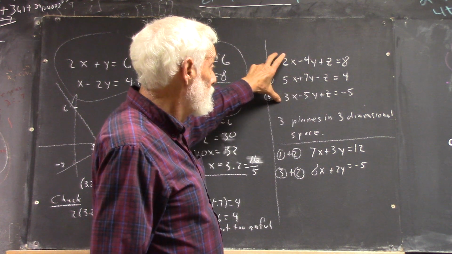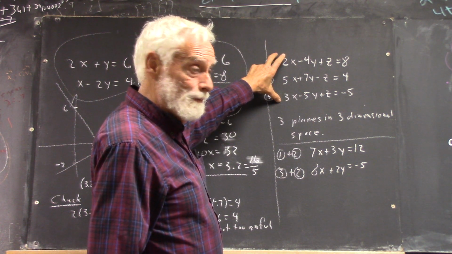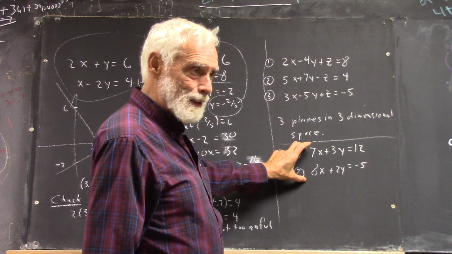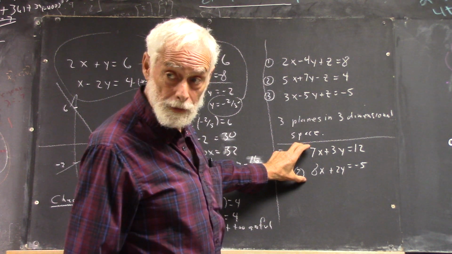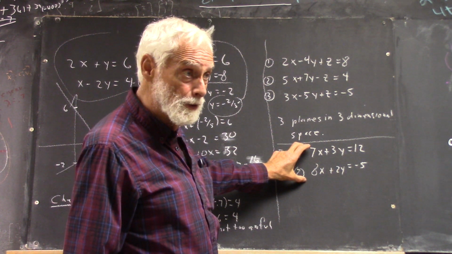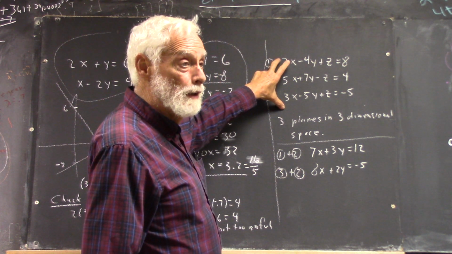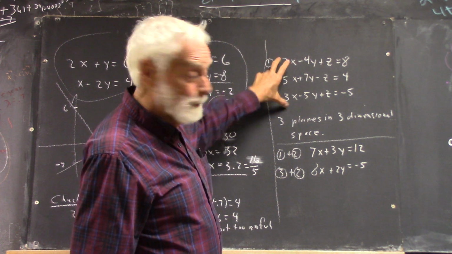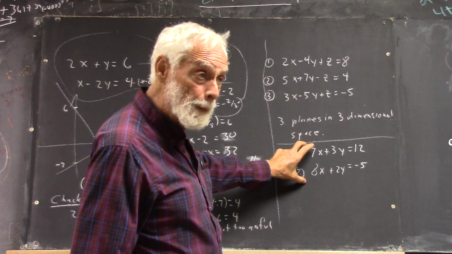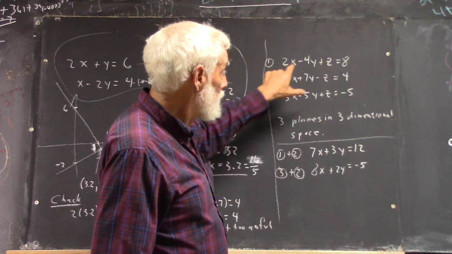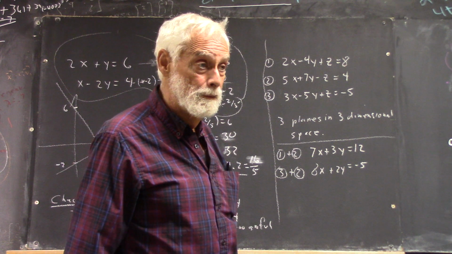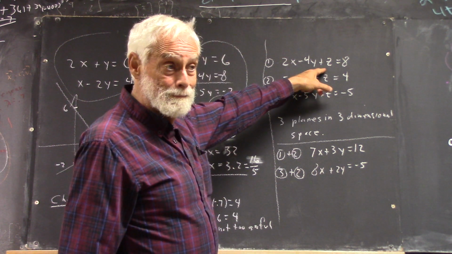So any solution, x, y, and z, of these three is going to have to include an x and y value that solves these two, and any x, y value that solves these two is going to have to be an x, y value that solves this one, which means if we can solve this for x and y, we can plug that x and y back into any one of these and solve for z.